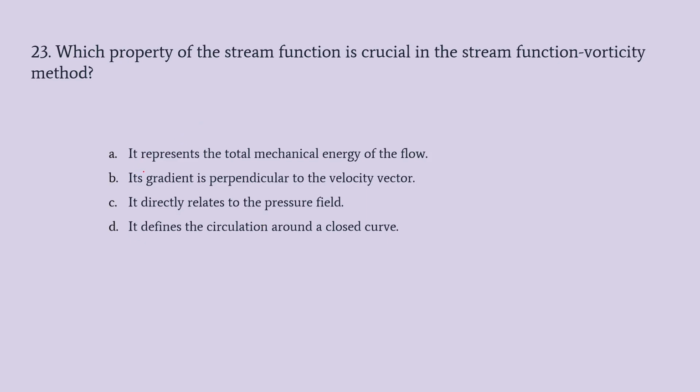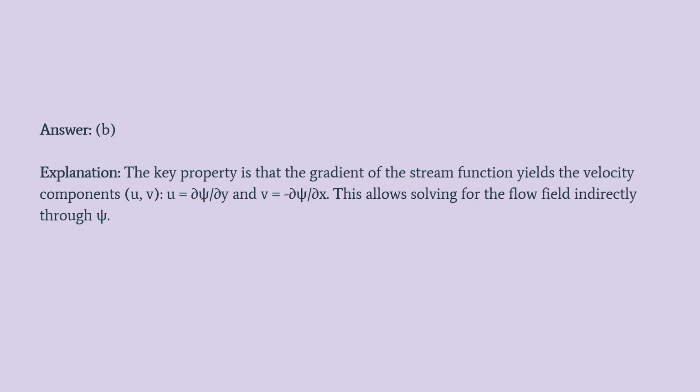It's not about the mechanical energy of the flow. It's option B. Its gradient is perpendicular to the velocity vector. And option C is also true, but if you see, we have already discussed that ∂ψ/∂y is equal to u, and ∂ψ/∂x is equal to minus v.